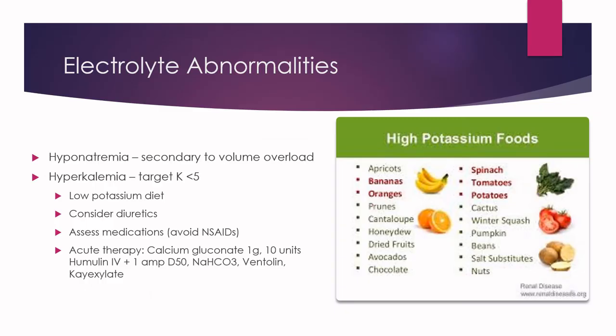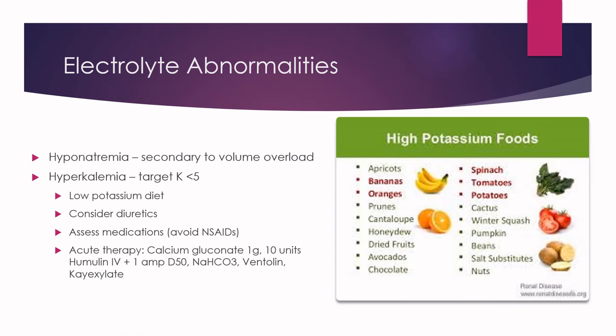Electrolyte abnormalities can occur due to the kidney's key role in homeostasis. The two primary electrolyte abnormalities that occur are hyponatremia due to volume overload and excess free water. The other electrolyte abnormality is hyperkalemia. Generally, the target potassium is to be less than 5. In order to achieve this, a low potassium diet is required, and you can see that there are many fruits and vegetables that are high in potassium.